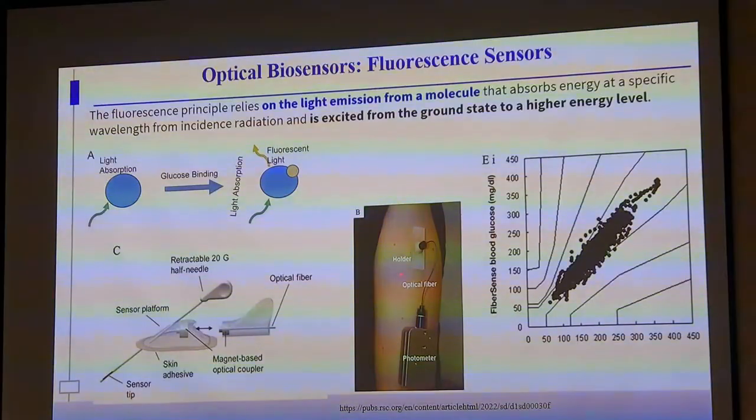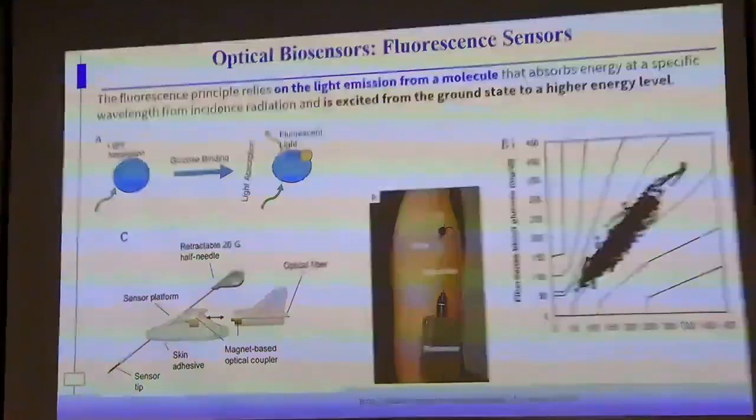It's connected here to the human body, and then it's connected to the photometer. So we need one photometer here. And when we do the analysis, it's very precise compared with your well-known glucose sensing device. So this is one example of an optical biosensor, a fluorescence-based optical biosensor.